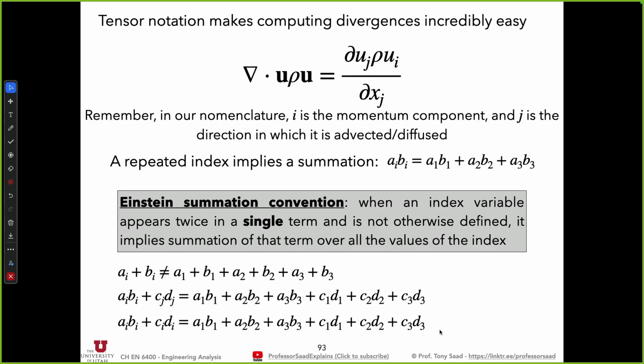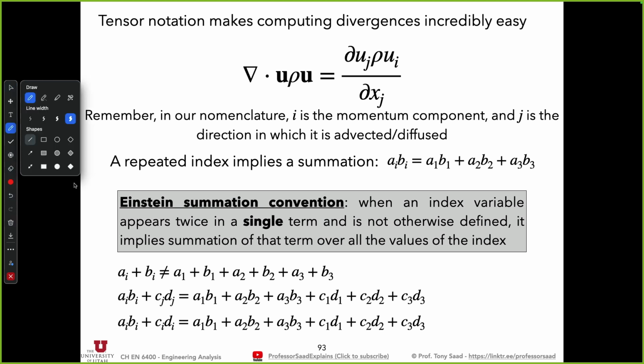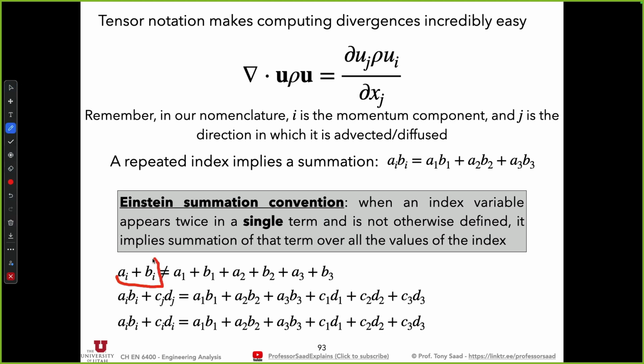That also gives you that same summation, okay? So the only exception you need to be careful of is when you have a single term that doesn't have a repeated index. Otherwise, it's always repeated indices.